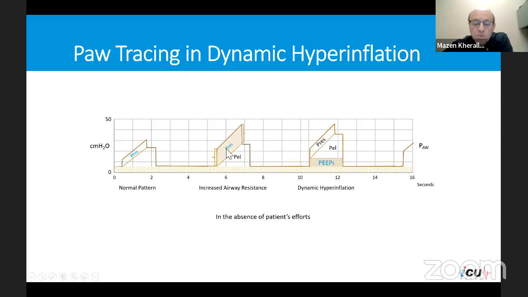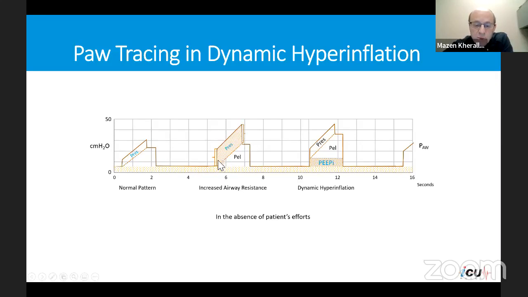the plateau pressure. So you can see in increased airway resistance, this pressure represents the airway resistance and is exactly similar to the difference between the peak inspiratory pressure and the plateau pressure.